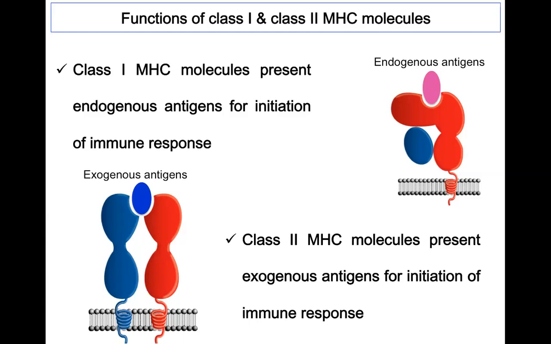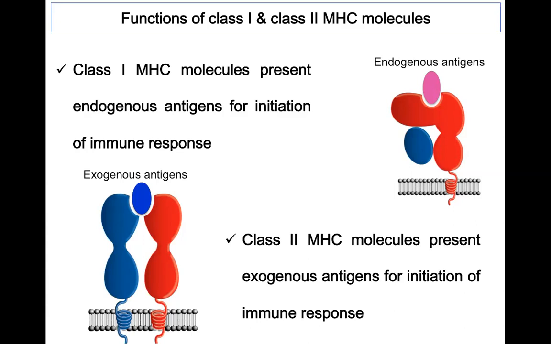So what is the function of class 1 MHC molecules? Class 1 MHC molecules present endogenous antigen for initiation of immune response, while class 2 MHC molecules present exogenous antigen for initiation of immune response. It is very important to memorize how the functions of class 1 and class 2 MHC molecules differ.